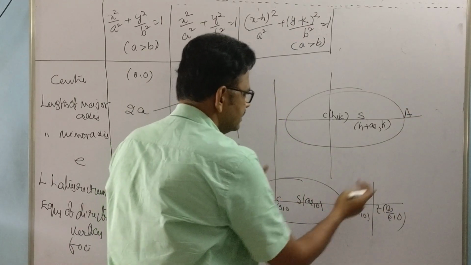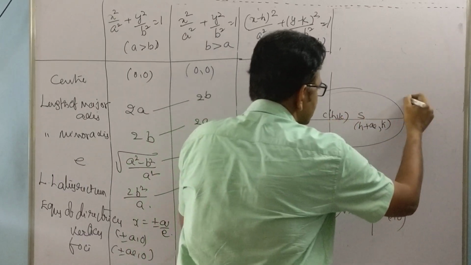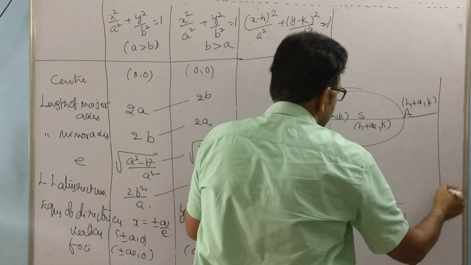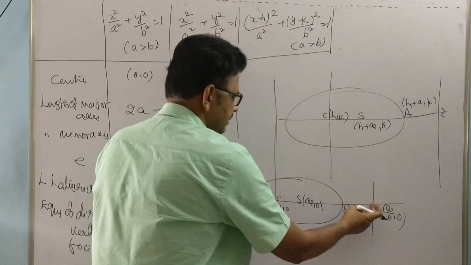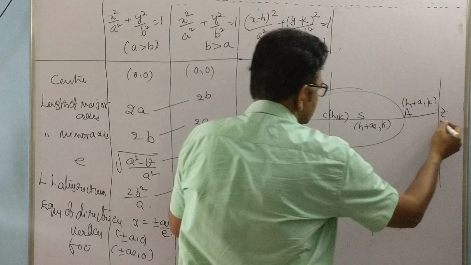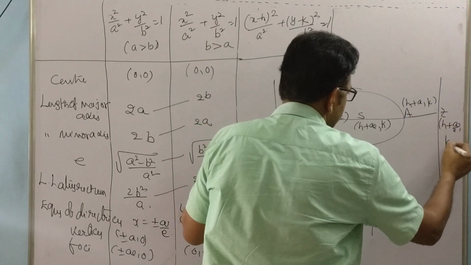CA is equal to a, so the coordinates are h plus a, k. Similarly, Z coordinate, CZ is equal to a by e, so the coordinates are h plus a by e, k.